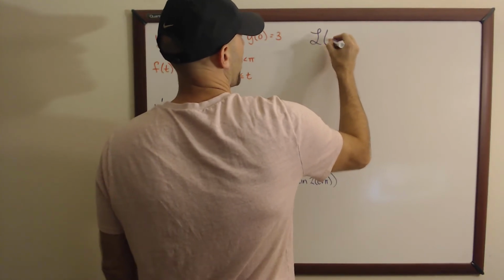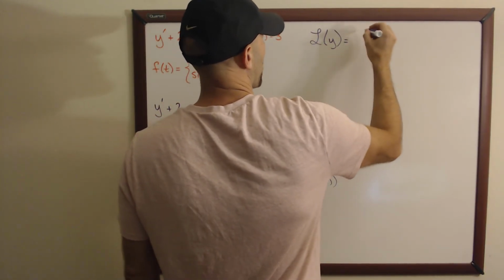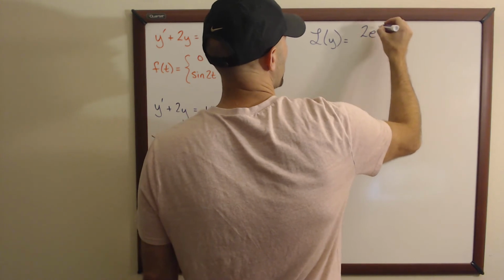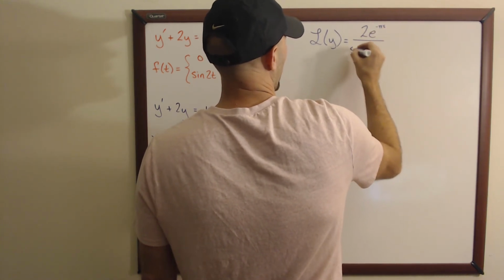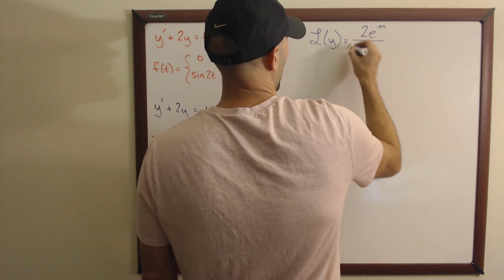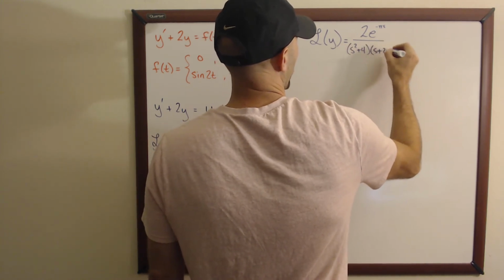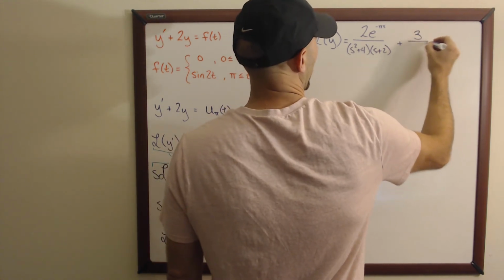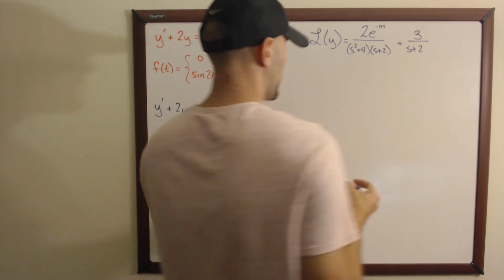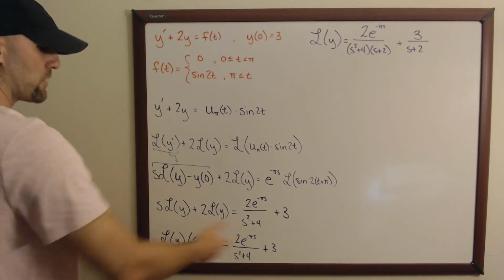So dividing everything by s plus 2 gives me that the Laplace transform of y is equal to 2 times e to the negative pi s over s squared plus 4 times s plus 2, plus 3 over s plus 2. And again, dividing everything by s plus 2.